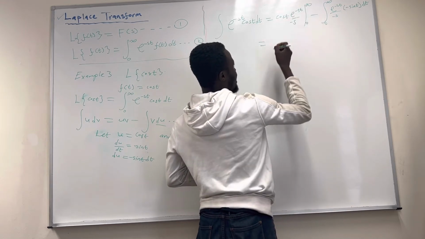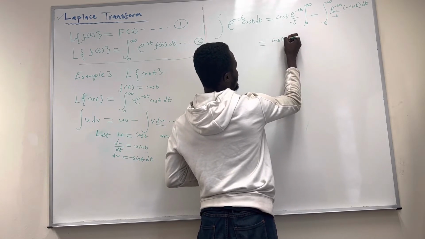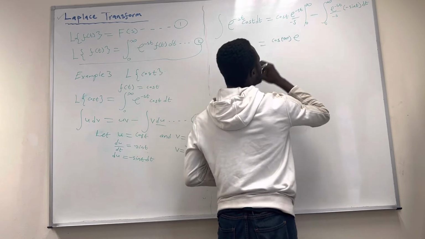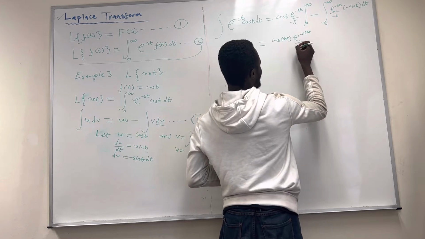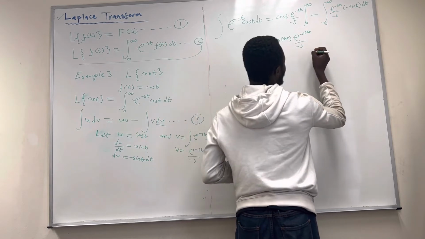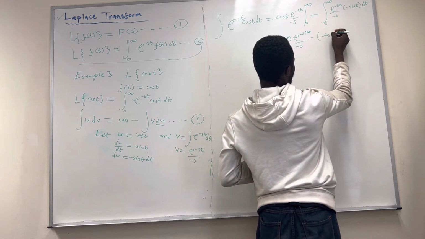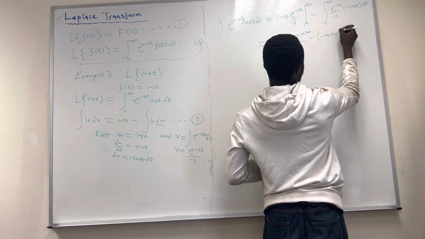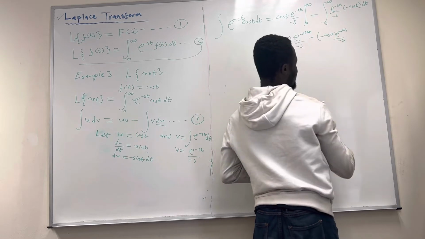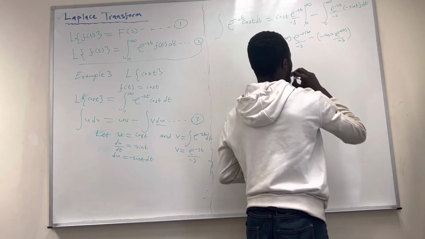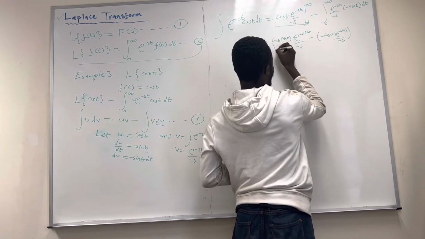So here, first of all, if you put in infinity, you're going to get cos infinity e to the power negative s infinity, all divided by negative s. Minus, cos 0 e raised to the power 0 divided by negative s. Okay, good. Then this whole thing is what we've done over here.